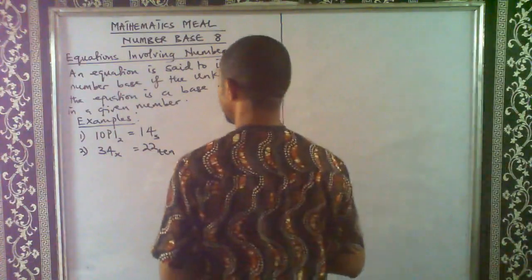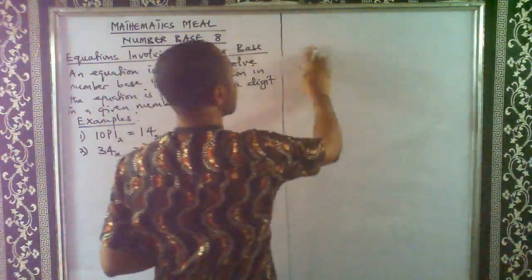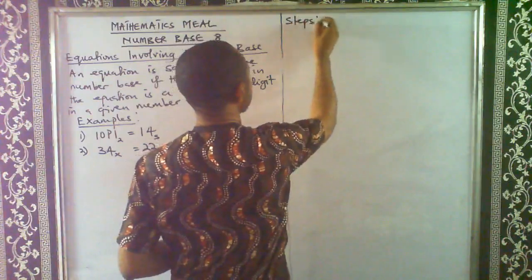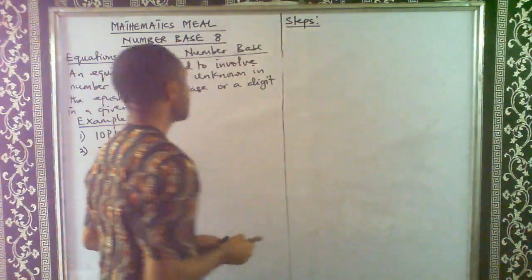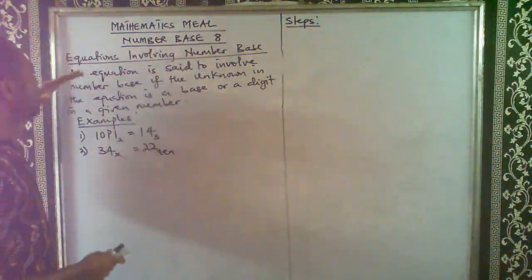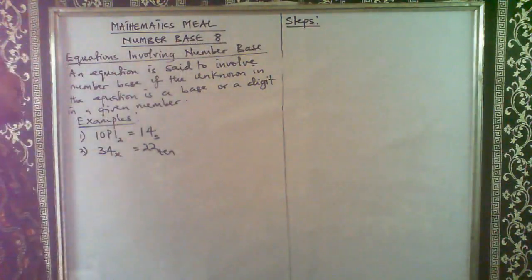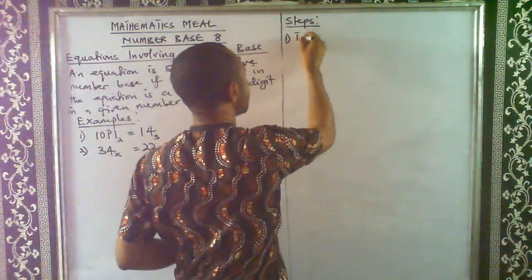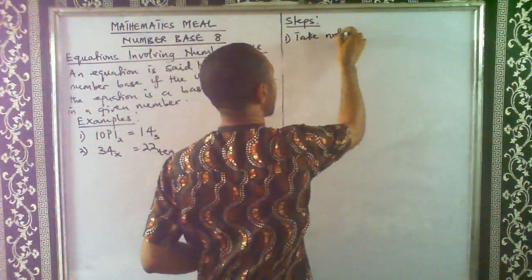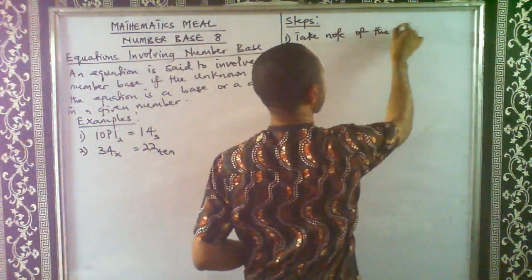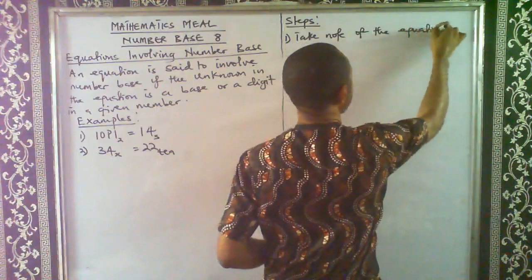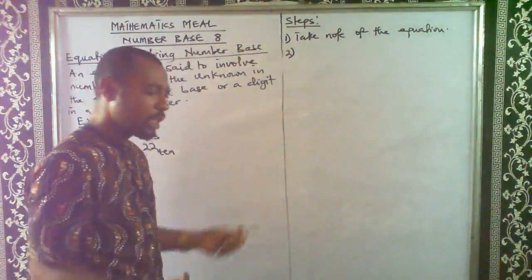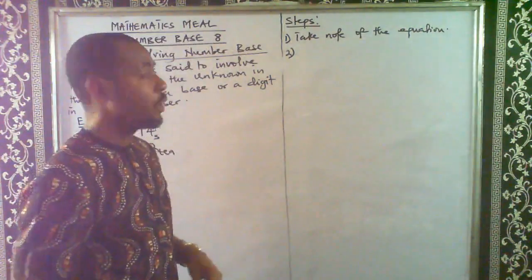For us to solve problems involving number base equations, we take these steps. Step number one, take note of the equation. Look at the equation and make sure that it is an equation involving number base.